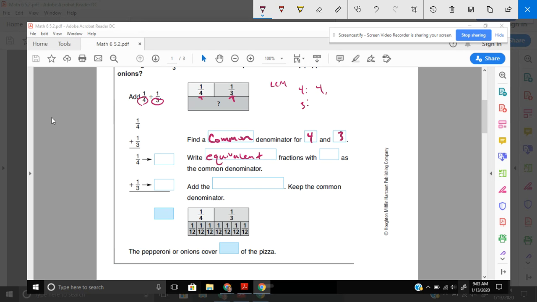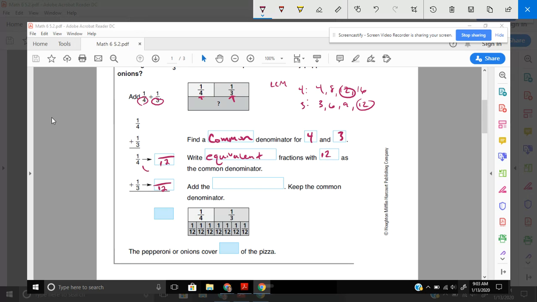So multiples of 4 would be 4, 8, 12, 16, and so on. 3 would be 3, 6, 9, 12, and you'll notice 12 is the least common that they have. So we're going to write the fractions with 12 as a common denominator. So we're going to get fourths into twelfths, and we're also going to get thirds into twelfths, and that'll be a whole lot easier to add.